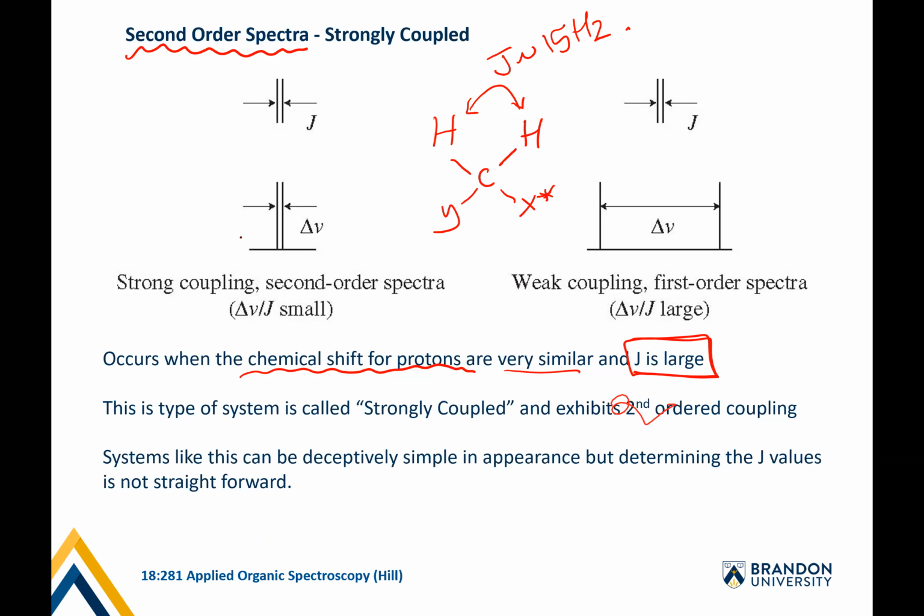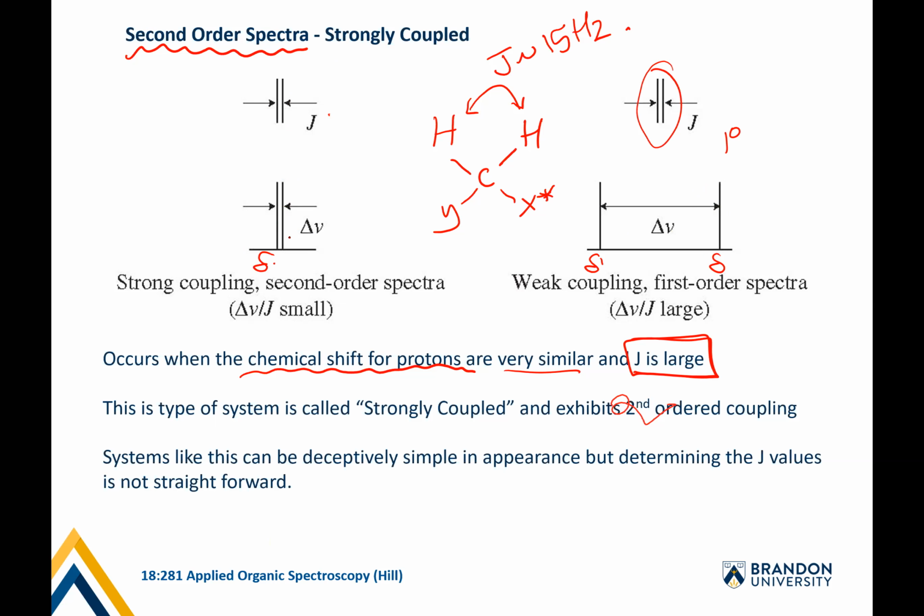This is supposed to be the chemical shift, and this is the J value. So the chemical shift is similar, and the coupling constant is big enough that it's close to this. In spectra where the chemical shifts are quite different, very large, this will be a typical first order spectra, what we normally see.